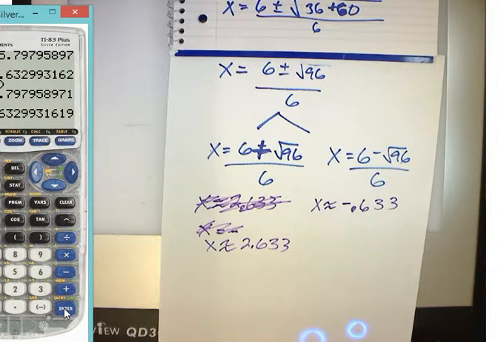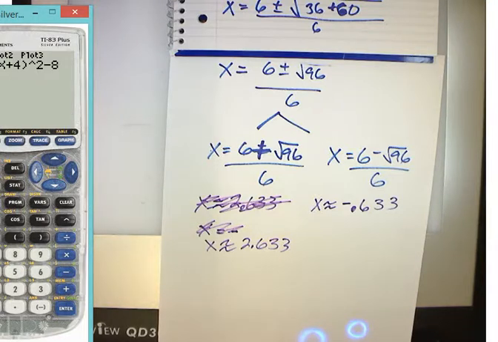Now what does that mean graphically, you guys? What does that mean graphically? Huh? That's correct. That's the points where it crosses the x-axis. So if I want to double check this, I can enter in the original equation.